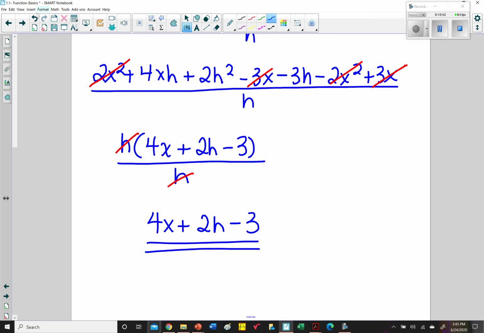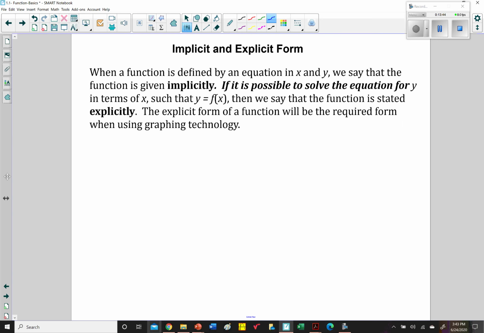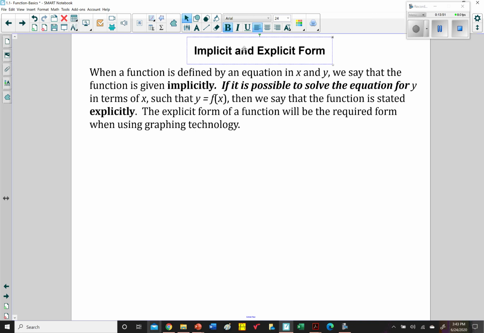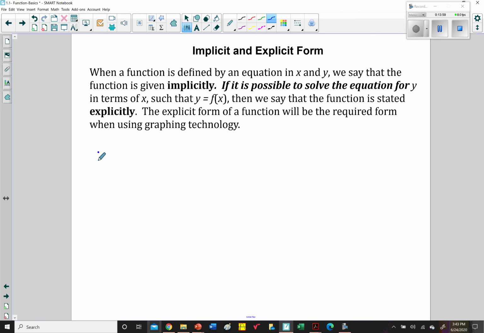Okay, just a few more. Implicit and explicit form. When we have a function defined by an expression in x and y, we say that it's given implicitly. So an example of an implicit equation would be something, say, 5x squared minus 2y cubed equals 4. That would be implicit form.